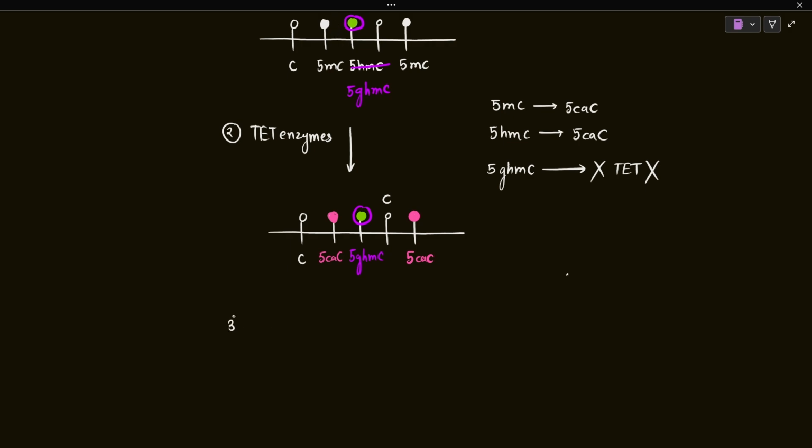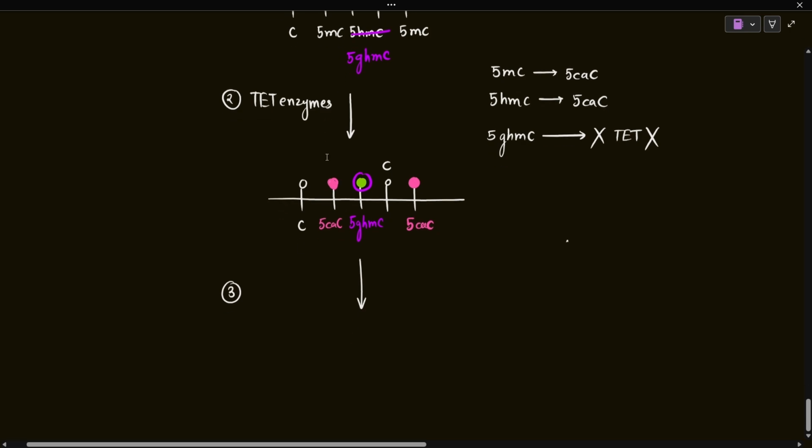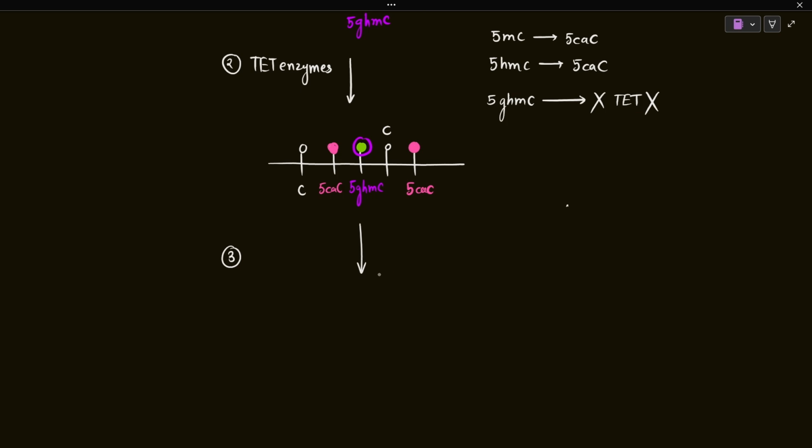Now the third step in the TAB sequencing, which is Tet-assisted bisulfite sequencing, you can guess what the next step will be. The next step will be bisulfite treatment. Here we treat it with sodium bisulfite.